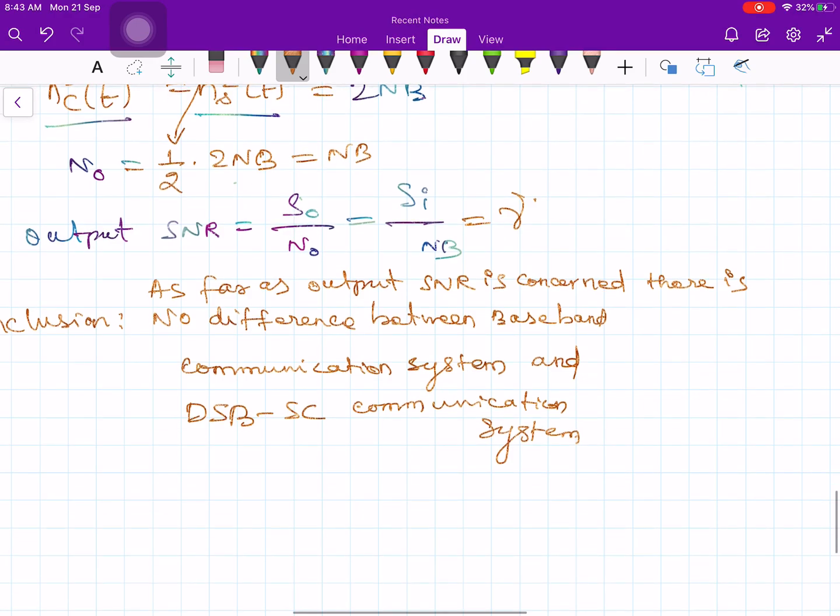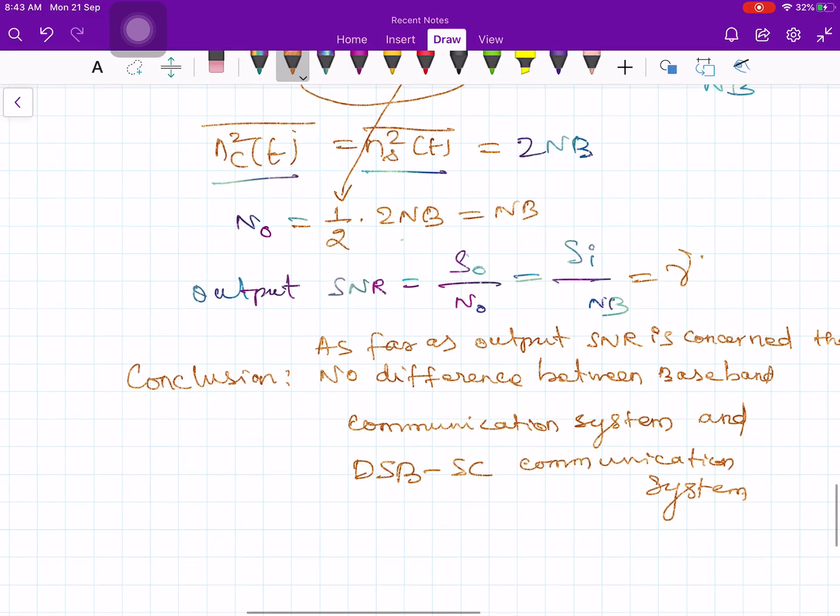Okay, so this was something that we could have expected intuitively. So it is not a very surprising result. Okay, so that's it about the DSB-SC AM system.